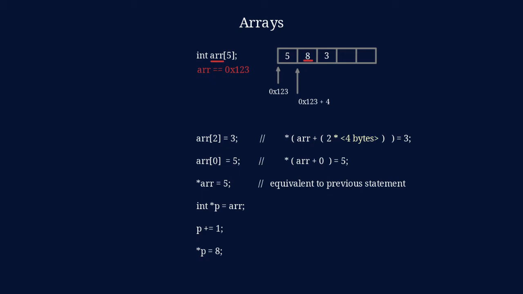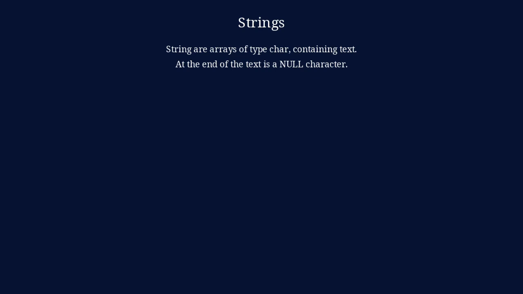Okay, so now when we look at strings, what are strings? Well, strings are really arrays, but they are of the type character, and so they contain text, and they end in a null character. So if I have something like this, what is that going to do?